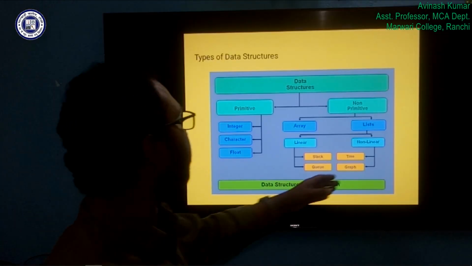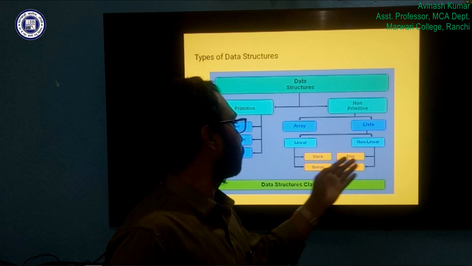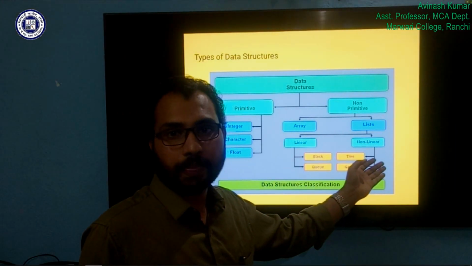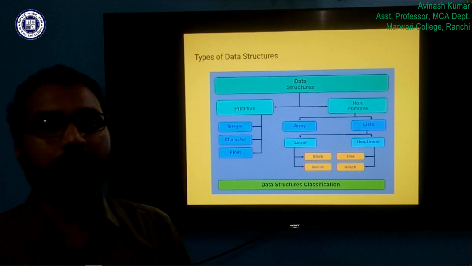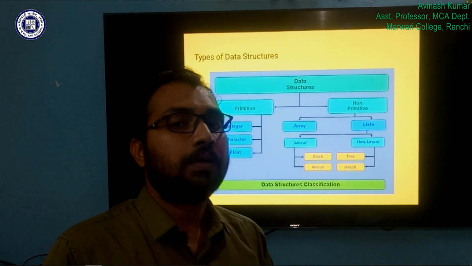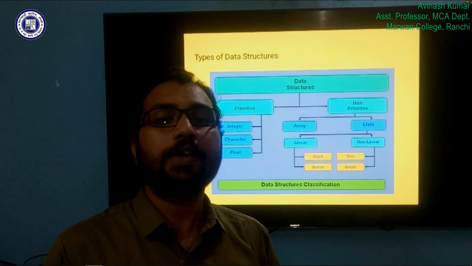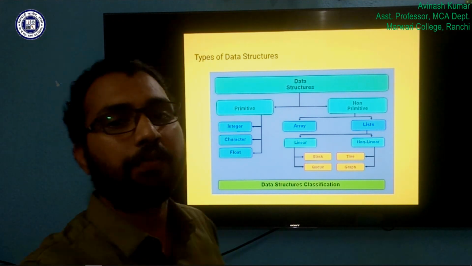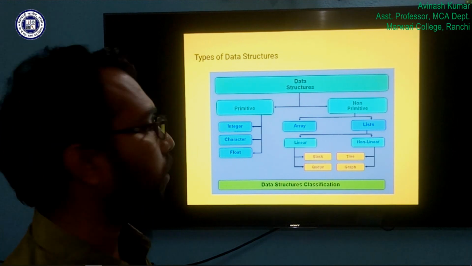Similarly, if we move down, we have further categorization in case of lists. We have linear lists and non-linear lists. This concerns the accessibility of data members which have been stored within a data structure.